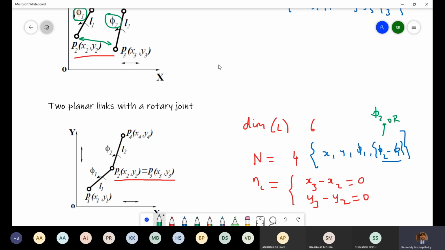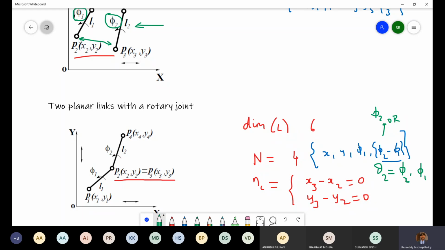Clearly, if P2 and P3 are joined, it can now only rotate with respect to the first link. So in this case, you should get some theta 2, which is equal to the difference between phi 2 and phi 1, if phi 2 and phi 1 are being defined as shown in the top figure. In the top figure, phi 2 and phi 1 were simply defined as a rigid link rotating in the plane as independent degrees of freedom.